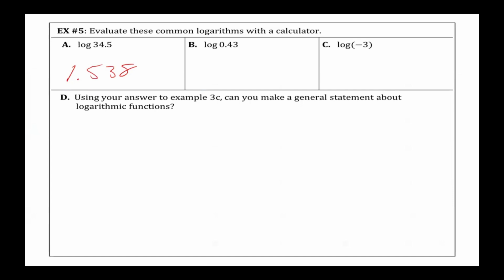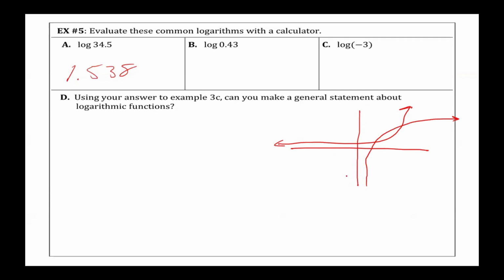Now, what I do want to talk to you about is a negative argument. Okay. You guys remember what the log function looks like? The log function is the inverse of an exponential function. Exponential functions have horizontal asymptotes. Do you remember that guy? This is exponential. Log functions have vertical asymptotes. So I have a limit on my x.